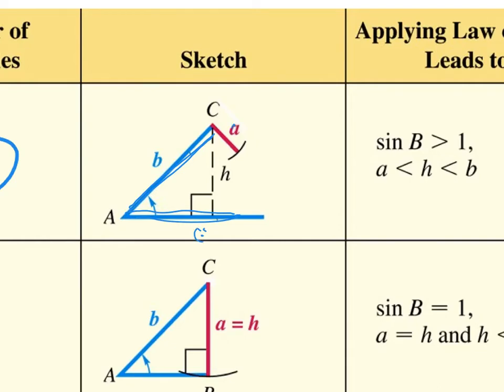Well, if you have A and it's locked, and you have a measurement for side A and it's smaller than B or C, notice this side, that angle's locked as well, because these three angles have to be adding up to 180. So this angle is locked, but the side's not long enough to get to the bottom. So that triangle can't exist.